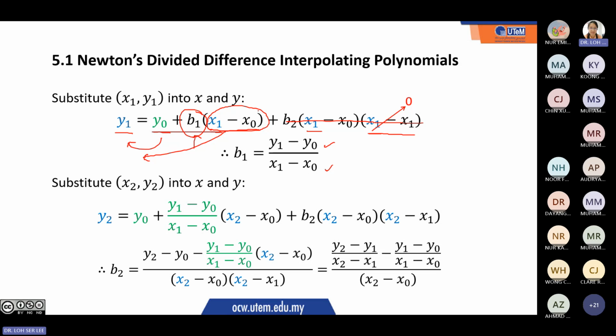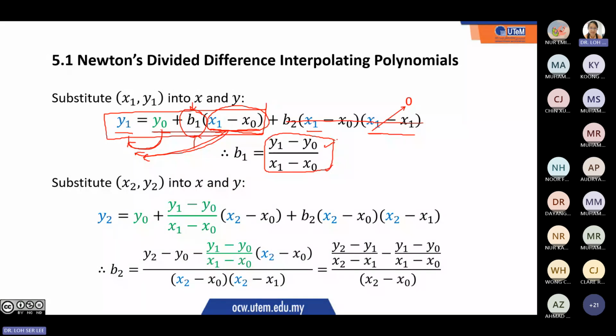We want only B1, so you move y0 first, then you move x1 minus x0. Then you will see your B1 equals this.